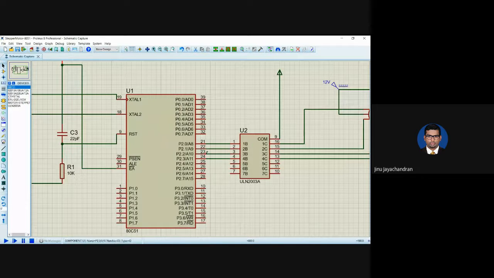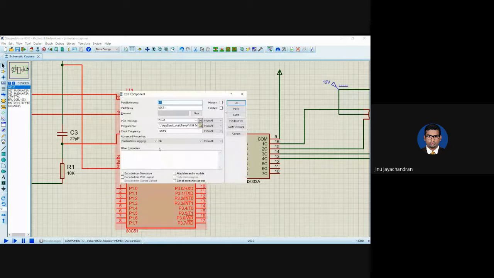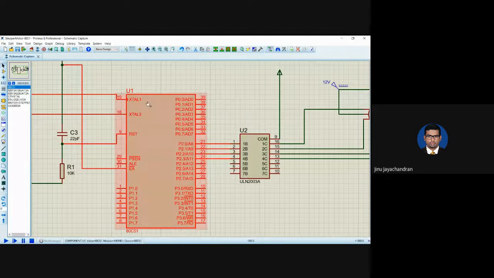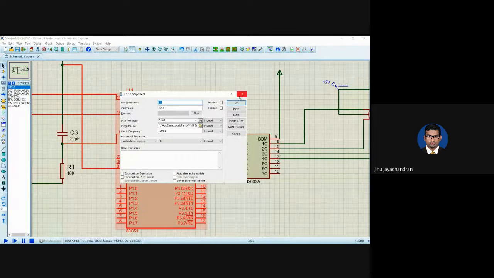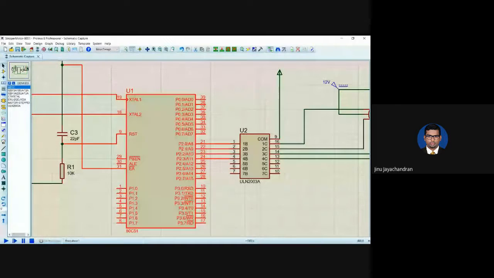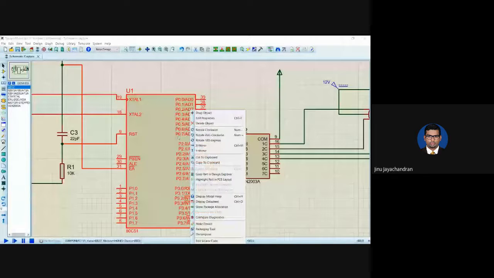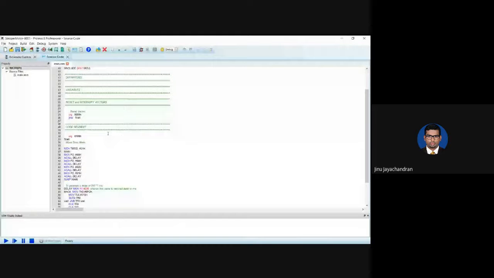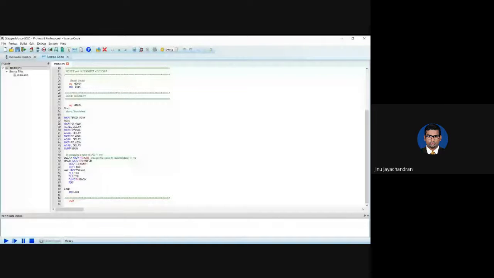Now, I have written a code inside this. Let me show the code also. There's a small code I have written. In this one, I have put it in wave drive mode.